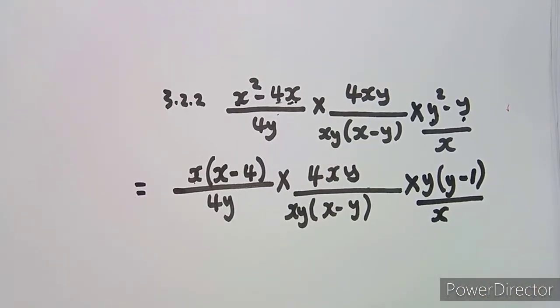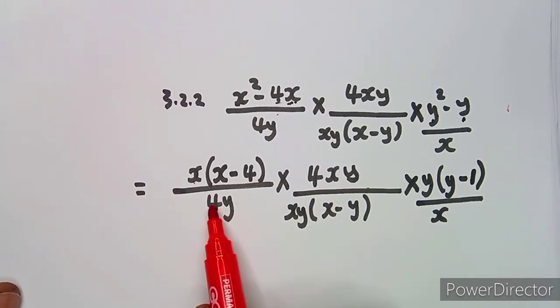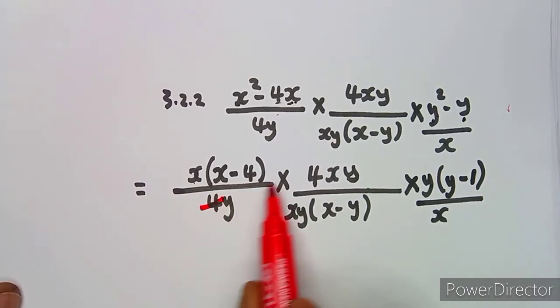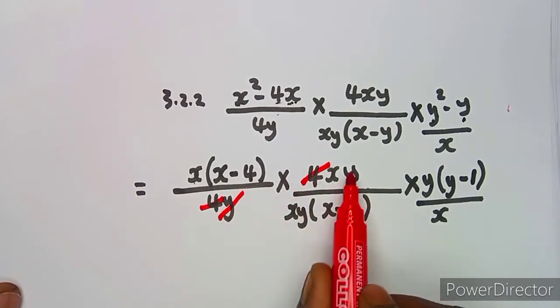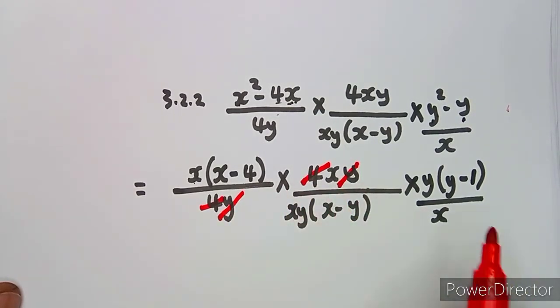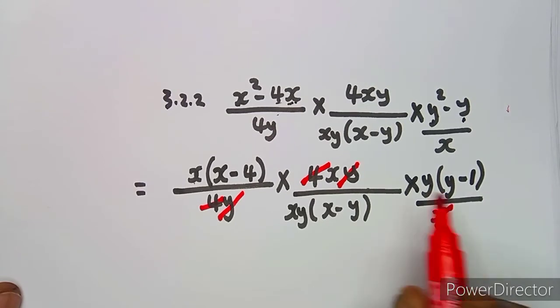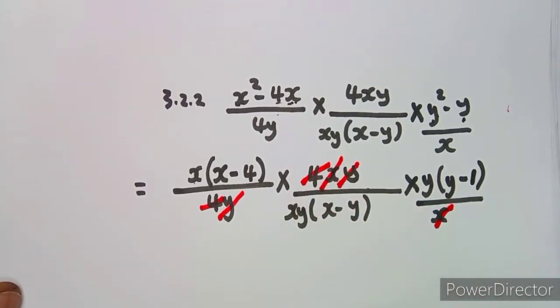All right, is there anything that is common here? Let's see if we have anything common so that we can cancel. That is 4 here, and 4 can cancel, y and y can cancel. We've got x and x here that can cancel.